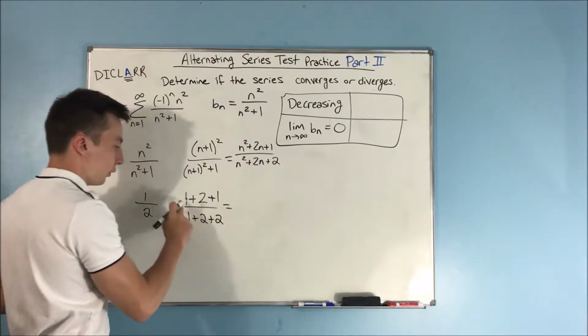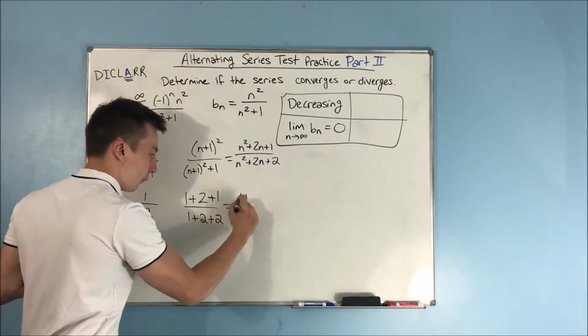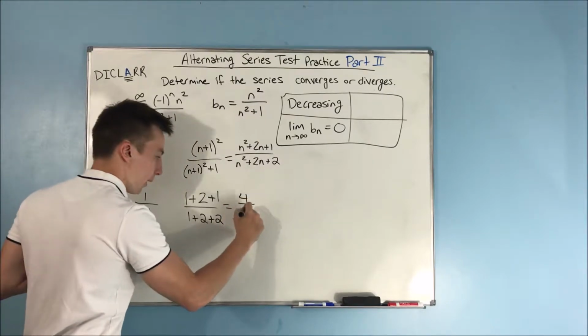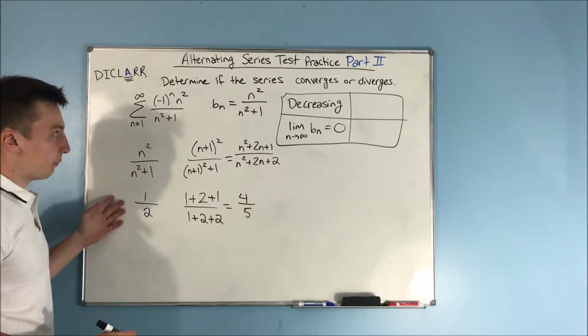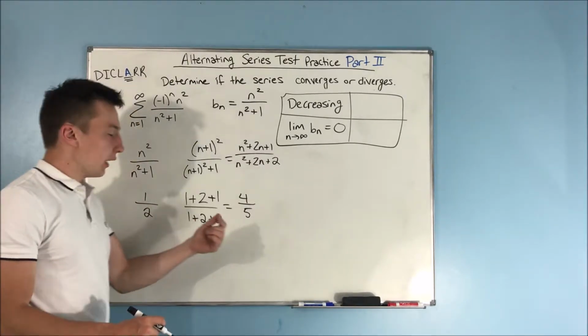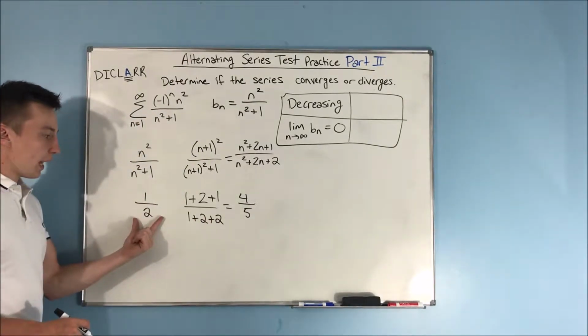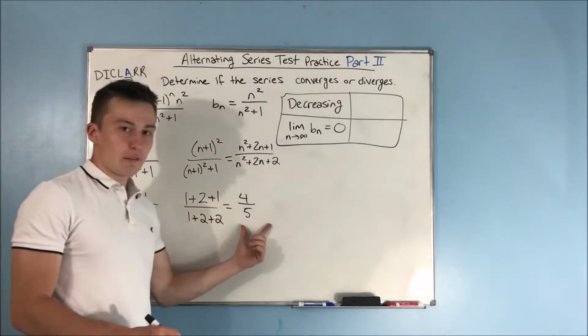That is equal to a 4 on top and a 5 on the bottom. You can see that this isn't decreasing because 1/2 is actually smaller than 4/5.